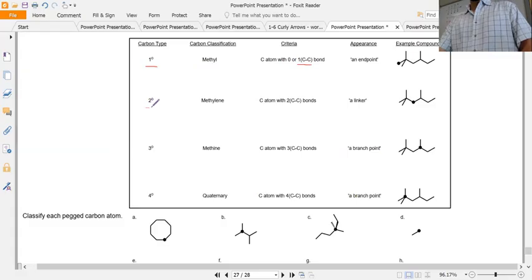A 2 degree carbon is, to just boil this down, any point with 2 carbon-carbon bonds. 1 degree and 2 degree carbons react in a round bottom flask similarly. A 3 degree carbon is any point with 3 carbon-carbon bonds, and likewise for 4.